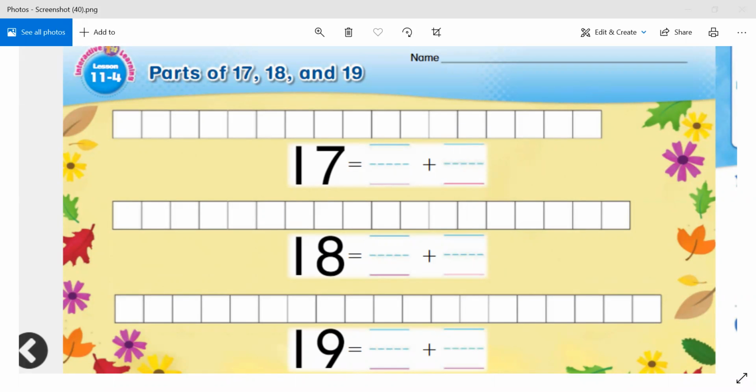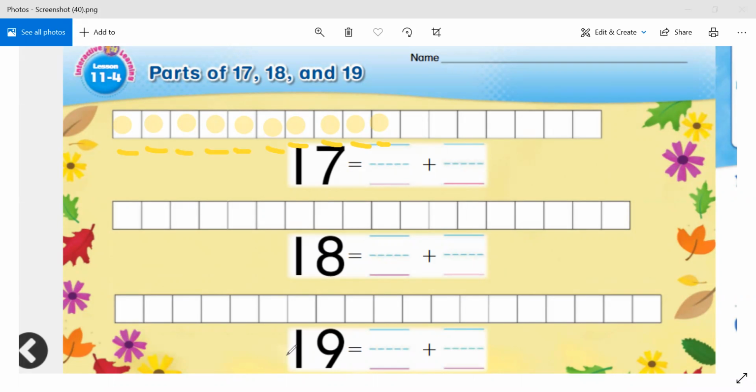Okay, I'm going to put in some counters. So how many counters are in this group? So if we count them, there are 10. 1, 2, 3, 4, 5, 6, 7, 8, 9, and 10.